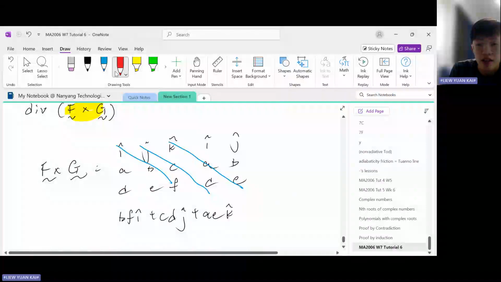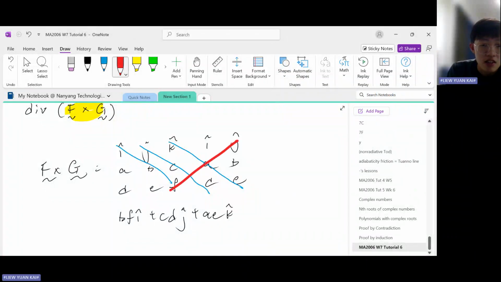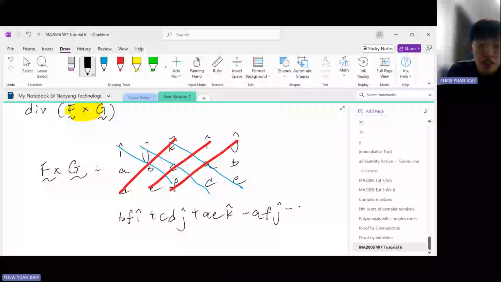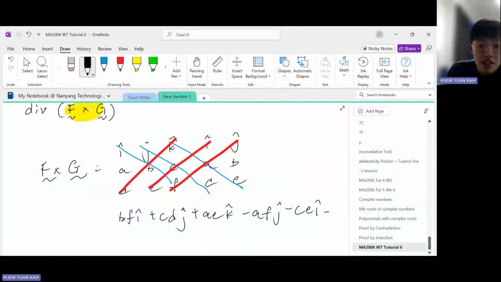Now we need to subtract away the crosses. So multiply each of the lines together. So minus afj minus cei minus dbk.